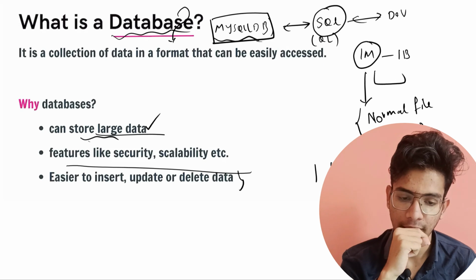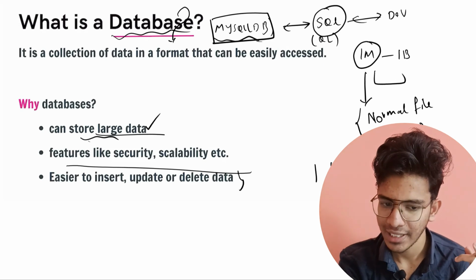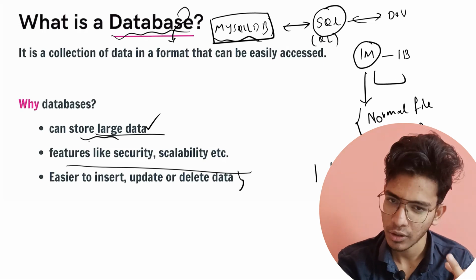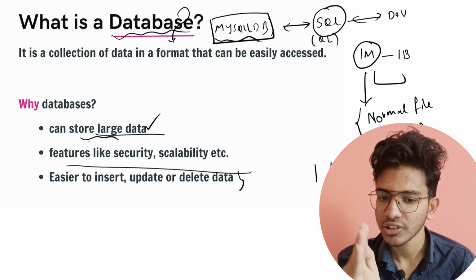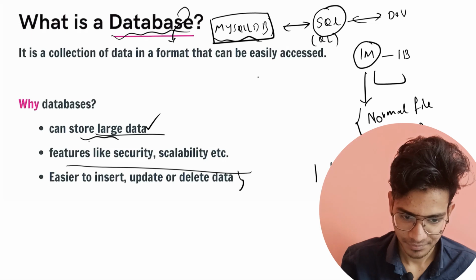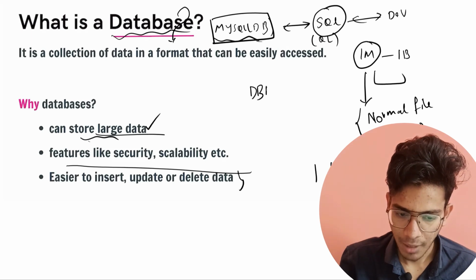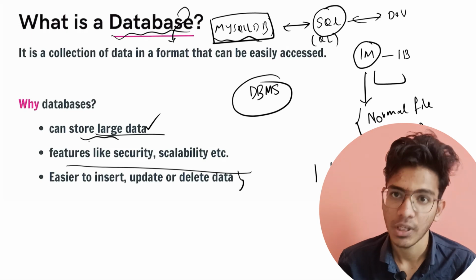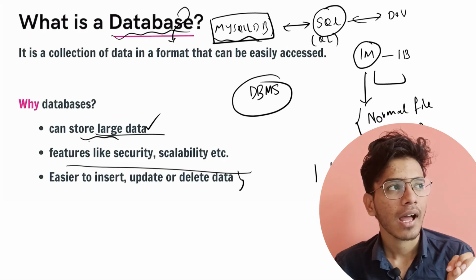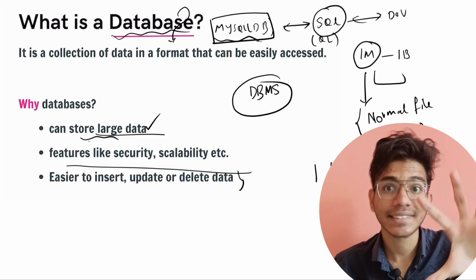And there is one more thing. If you understand the concept of database, and you have understood MySQL and SQL, there is one more concept called DBMS. The full form of DBMS is Database Management System. You can imagine DBMS as an external layer.